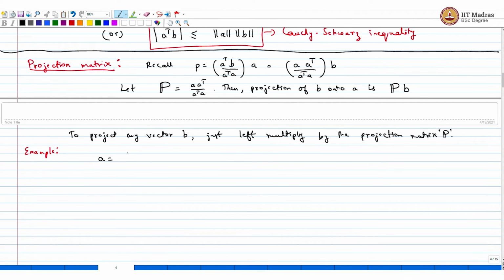Imagine you are looking at this vector 1 1 1. What is the projection matrix? The projection matrix is A into A transpose divided by A transpose A. Just pause the video for your own benefit, work this out by hand on your own.